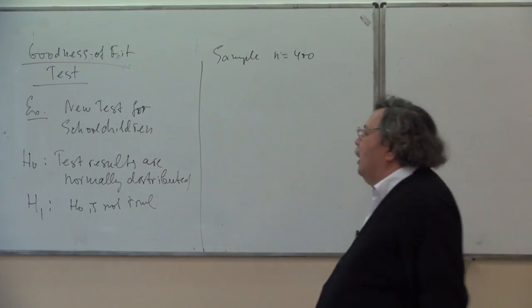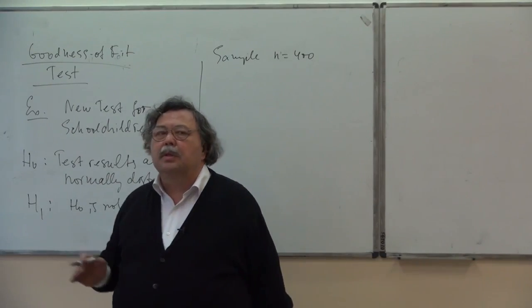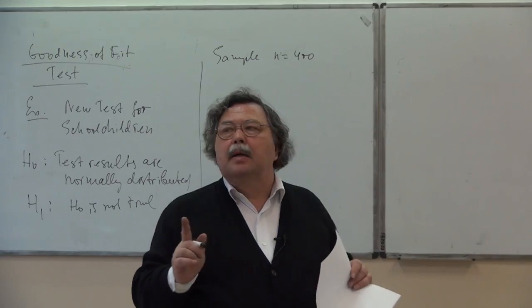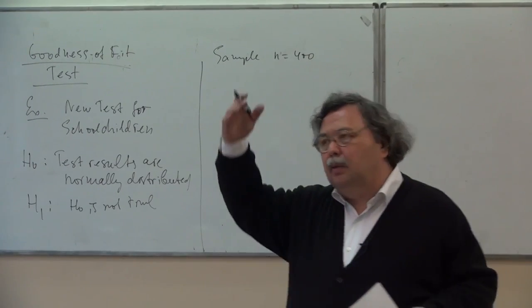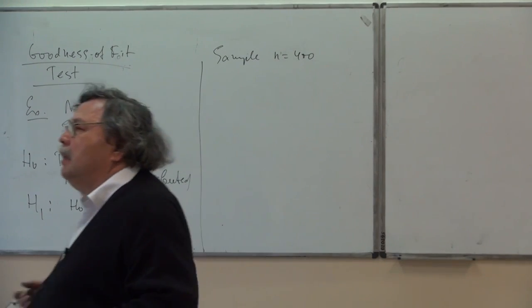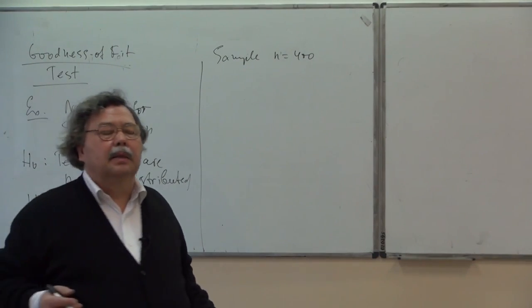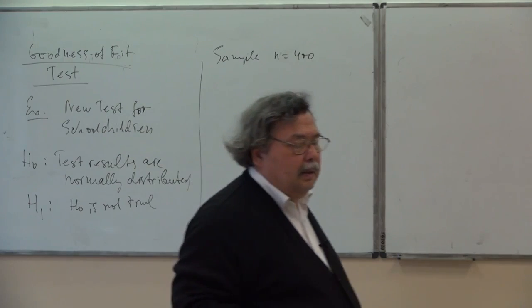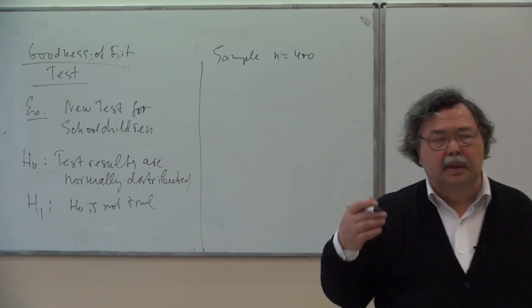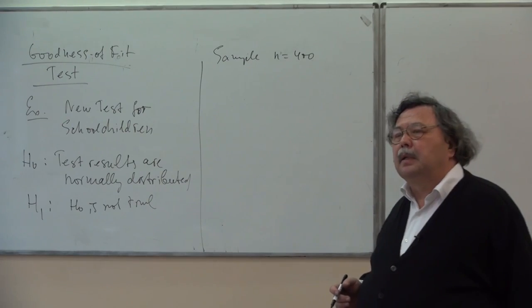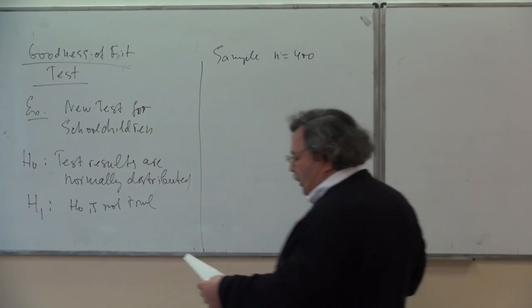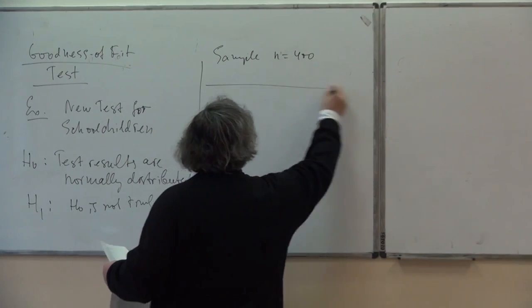How do we organize these data? What do we do to this data? First, we introduce brackets or bins. We divide all this data into certain categories on the scale that represents the number of points obtained by a test taker.